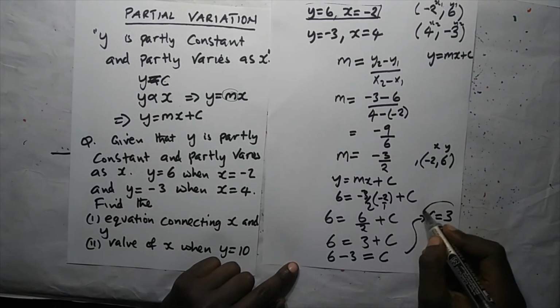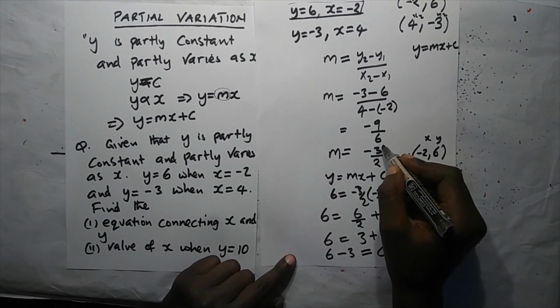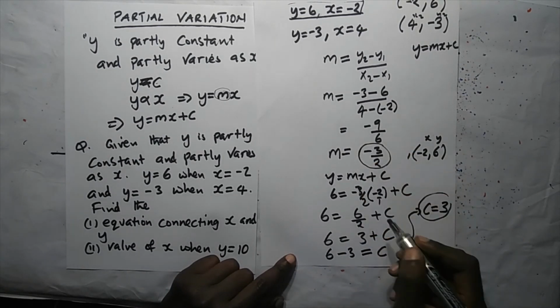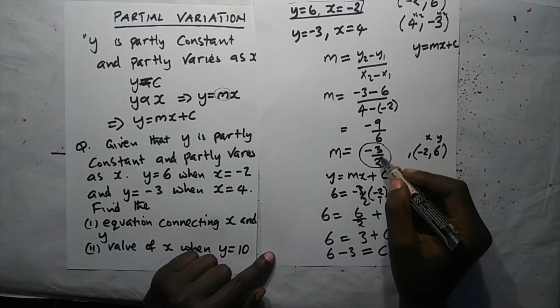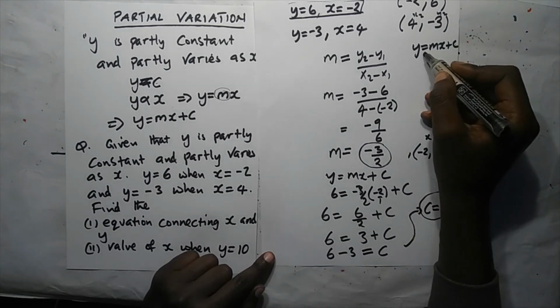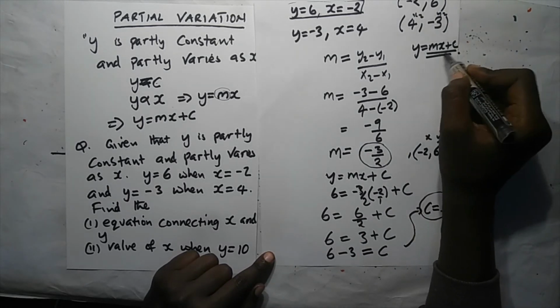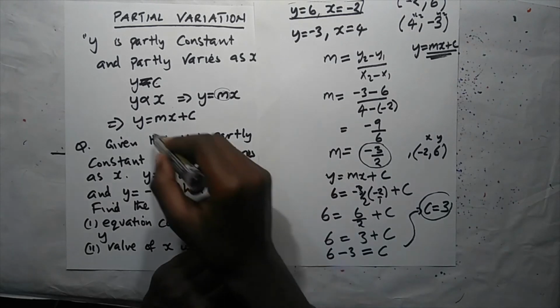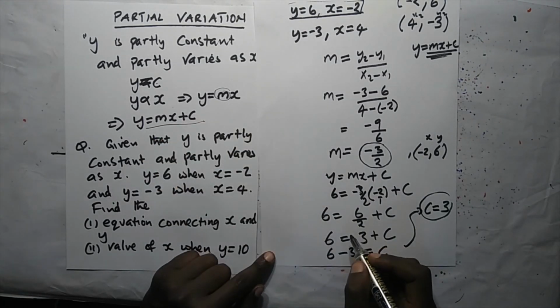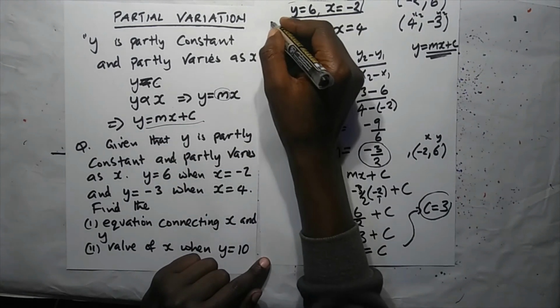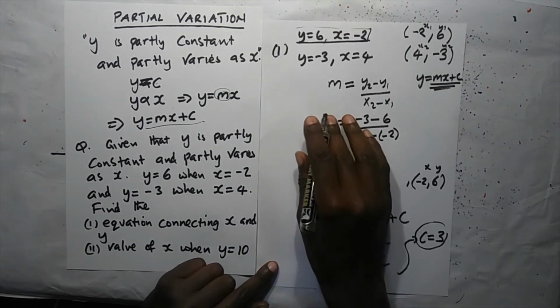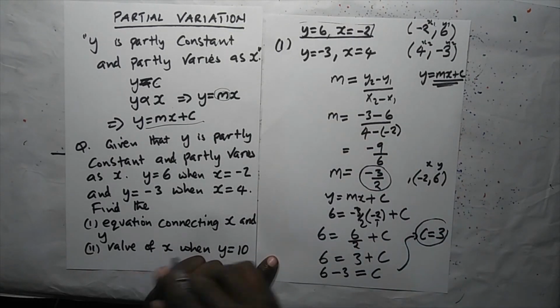Okay, so now that we have c is equal to 3, and we've also found our m here, which is m is equal to negative 3 over 2, we are going to substitute in our equation, y is equal to mx plus c, to write down the equation that connects x and y. This is part 1 of the question.